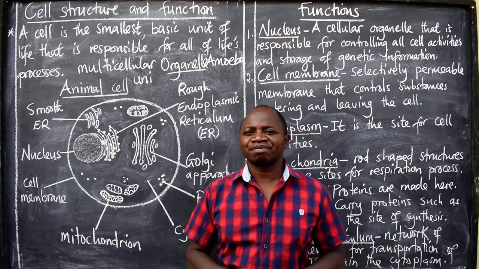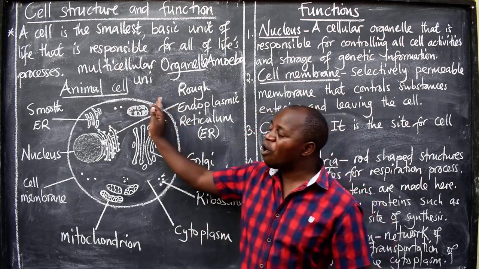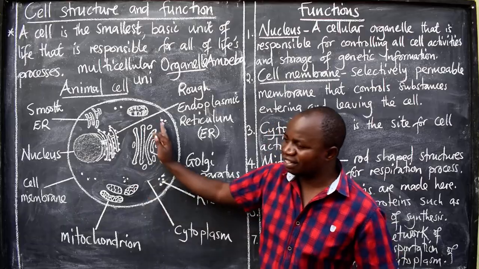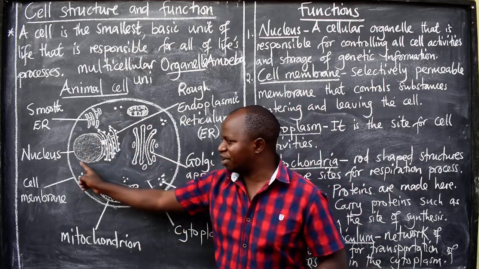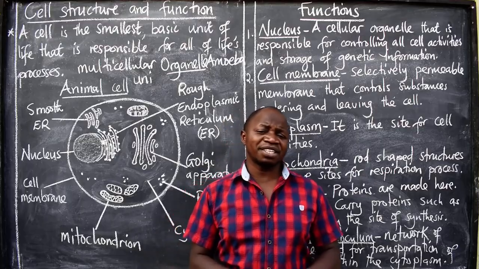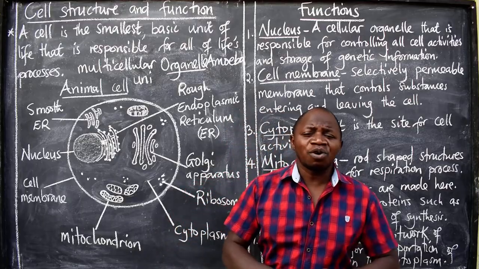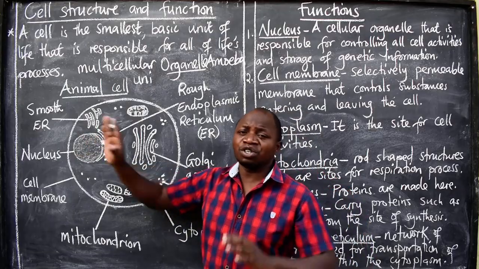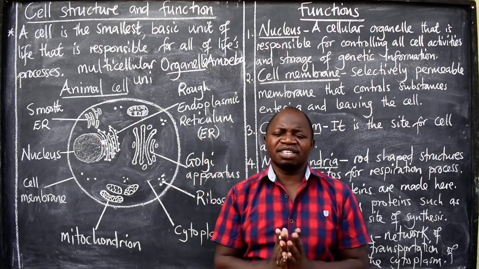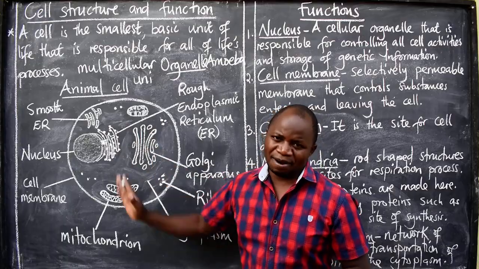The first one, it controls all cell activities that are taking place. What have I said? The nucleus controls all cell activities. It is the biggest, so it controls all cell activities in the cell.